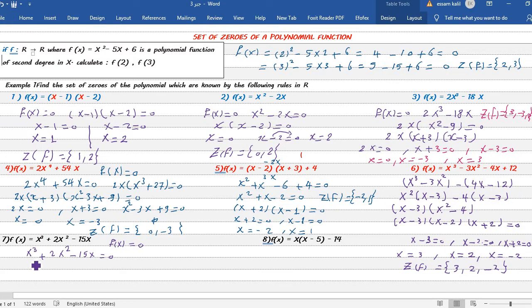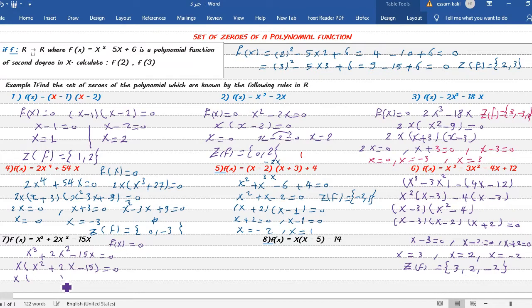If there exist common factors between the terms of this expression, what is the common factor? x power 3, x power 2, and x, so take x as common factor. It becomes x power 3 divided by x, so x power 2 plus 2x minus 15 equals 0.